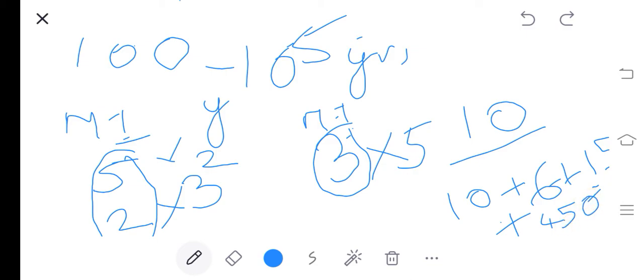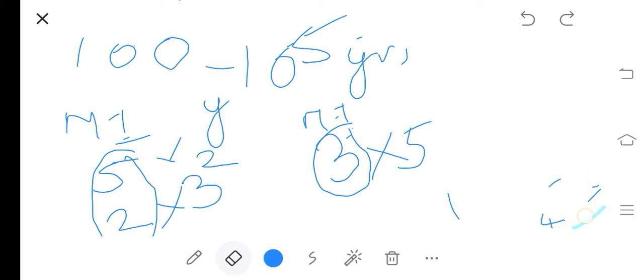So the total denominator would be 10 plus 6, 16, 16 plus 15, 31, 31 plus 450, 481. So the answer is 10 by 481.